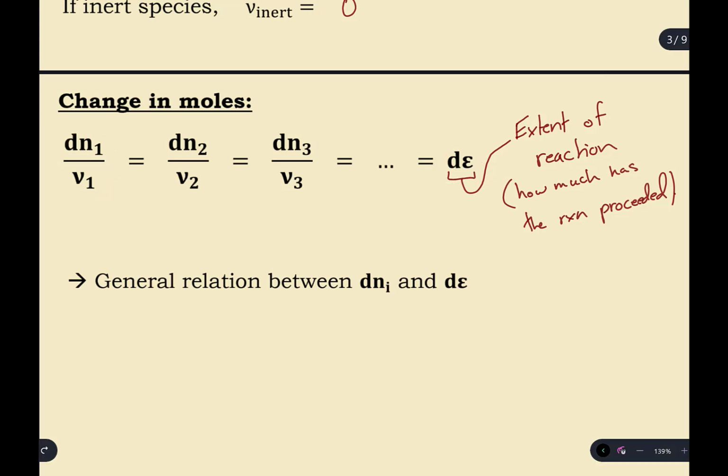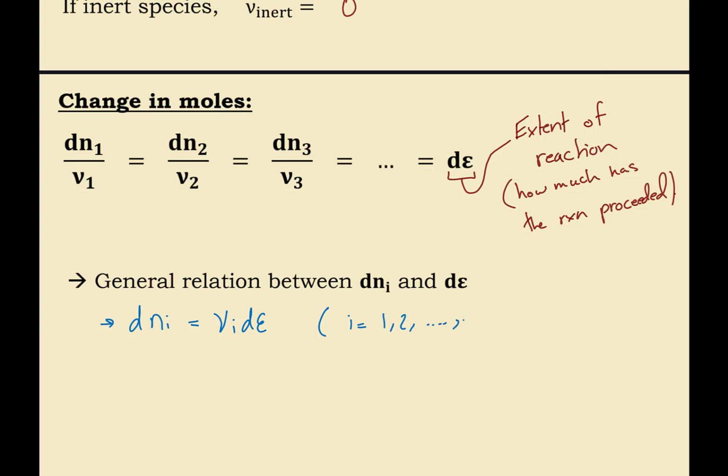Simply as you said: dn_i is equal to the stoichiometric number multiplied by d epsilon. This is for any species in the reaction.